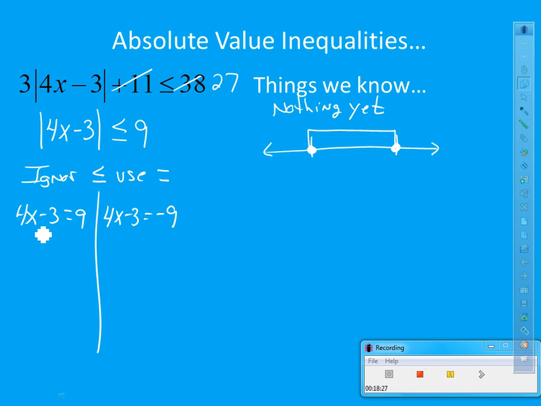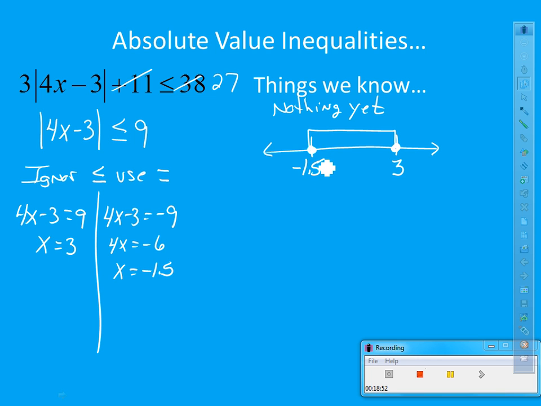I'm going to add 3 and get 12. Divide by 4 and get 3 as one answer. On this one, I'm going to add 3 and get negative 6. Divide both sides by 4, and I can use negative 1.5. I can use 3 over 2. I could use 1.5. Any of those will work for me, guys. So 3 here, negative 1.5 there.